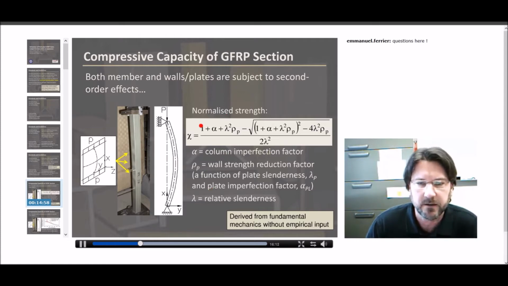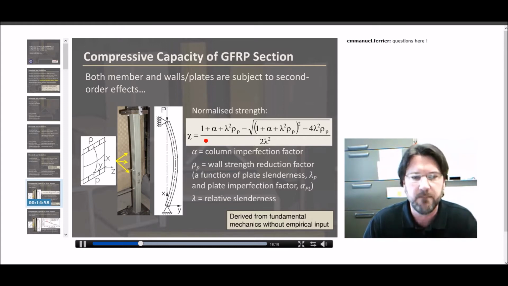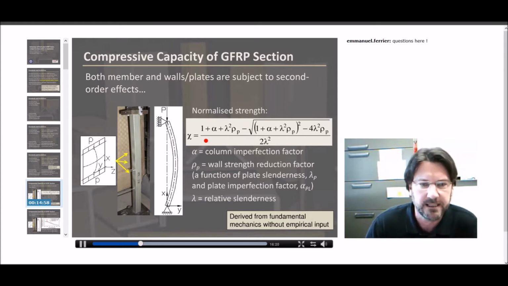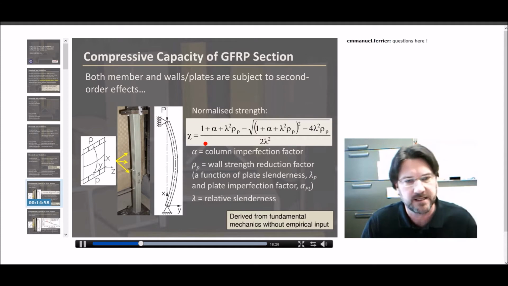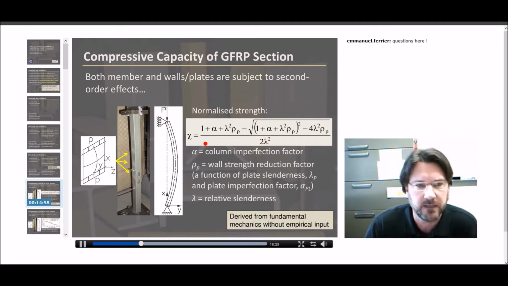And this is our equation here. It's fundamental mechanics, there are no empirical factors at all. However, there's a lot of input into this equation for which we're going to need some experimental data. Alpha is the column imperfection factor addressing the out of straightness of the element itself. And rho is a factor that describes a reduction associated with the wall itself, the slenderness of the wall plate.